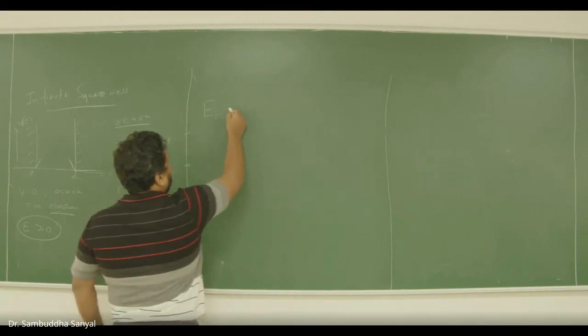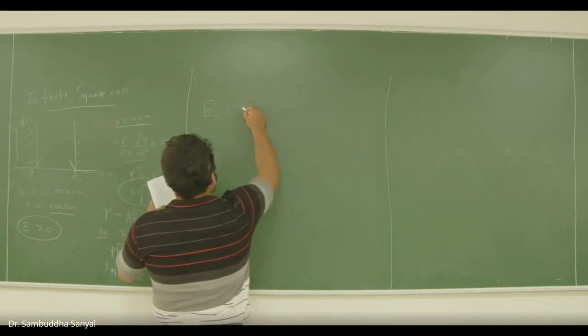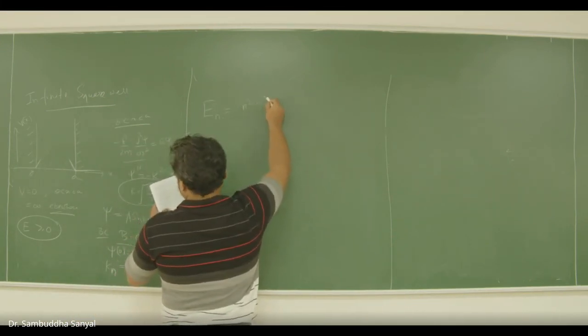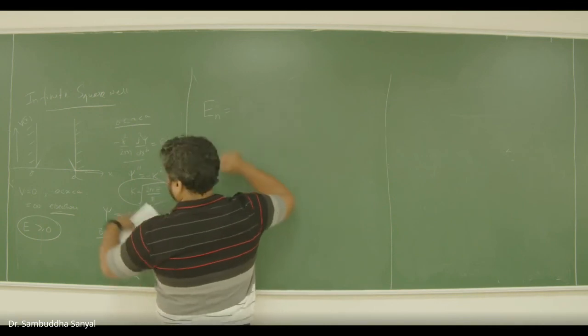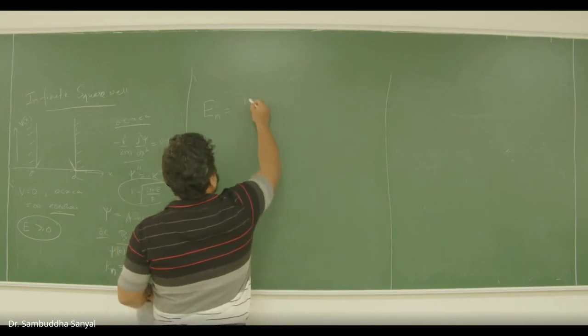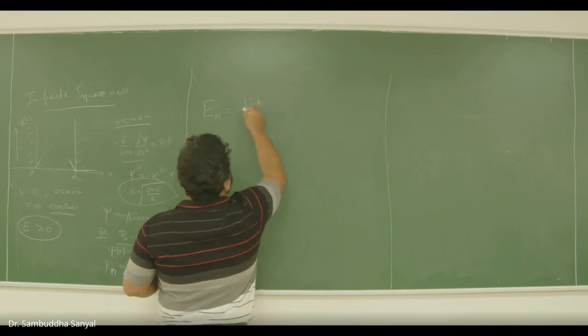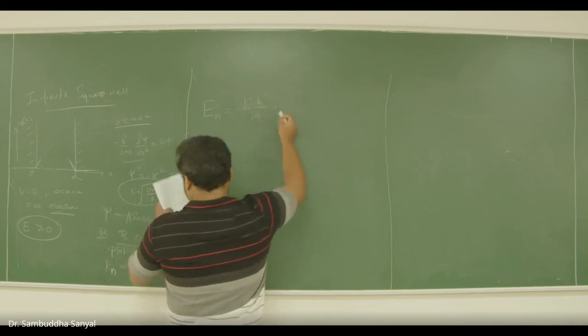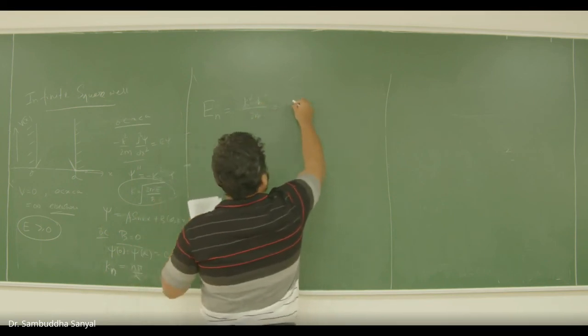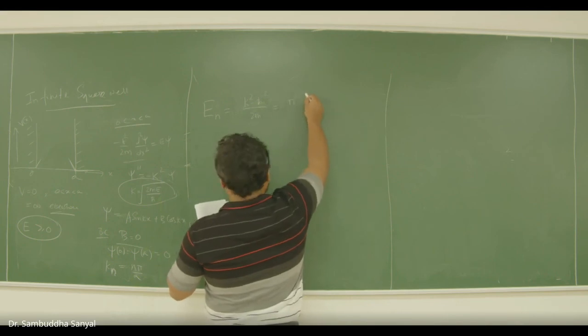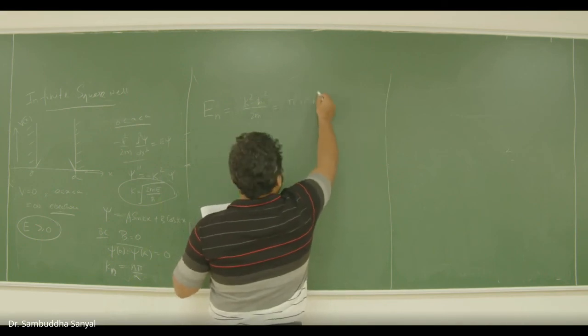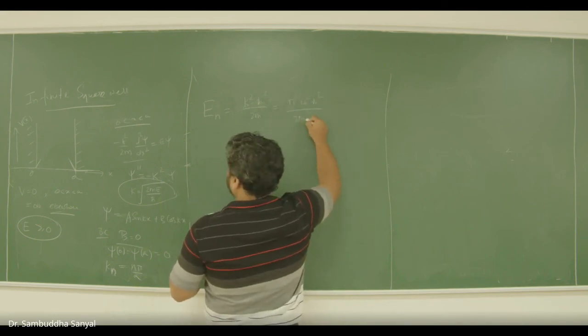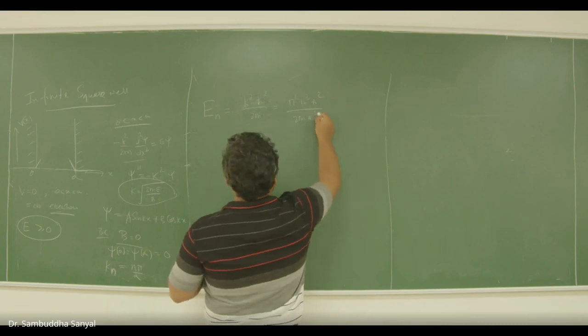That means E_n, so I square it, is k² ħ² by 2m. So that is π² n² ħ² by 2m a².